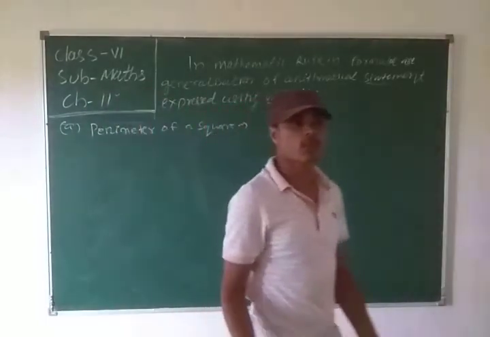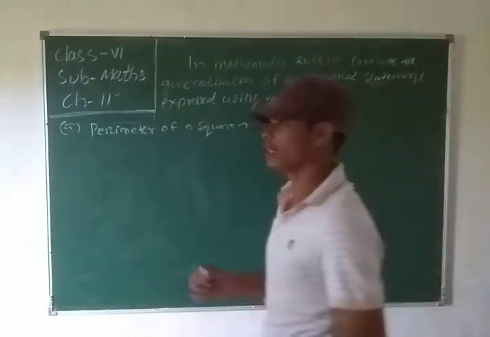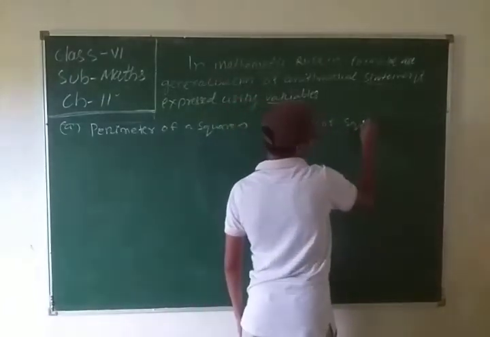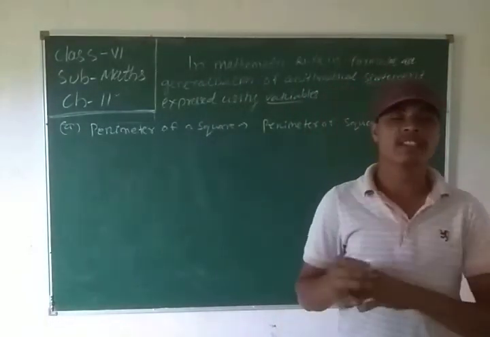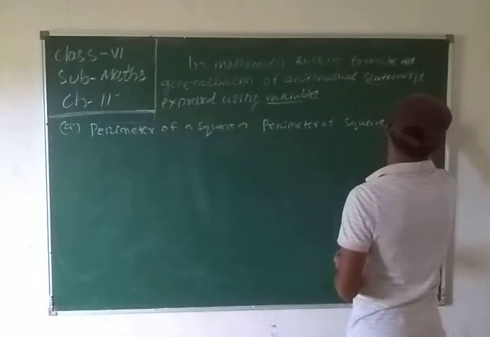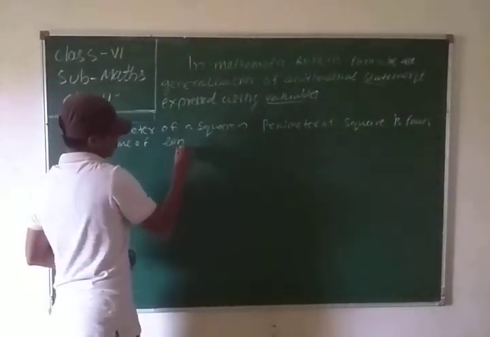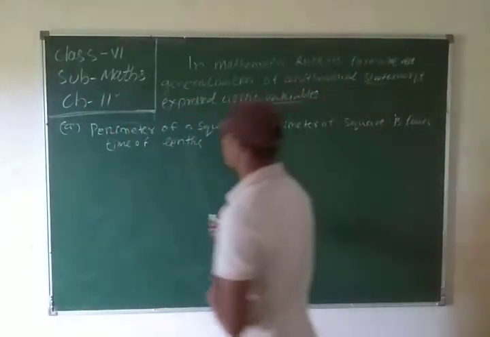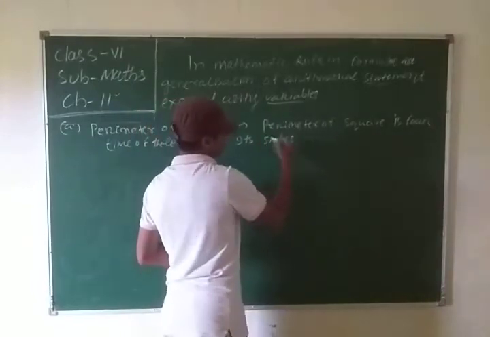You already know that the perimeter of a square is 4 times the length of its sides, because a square has 4 sides.